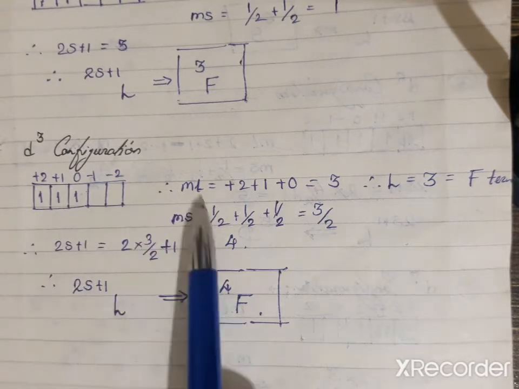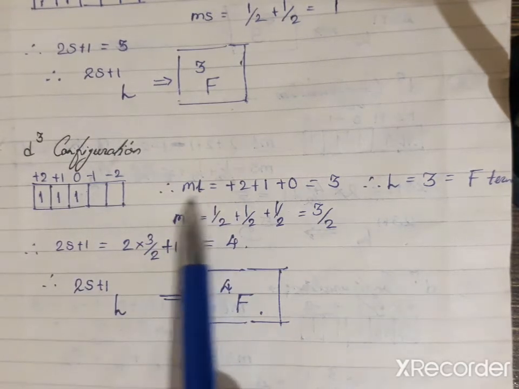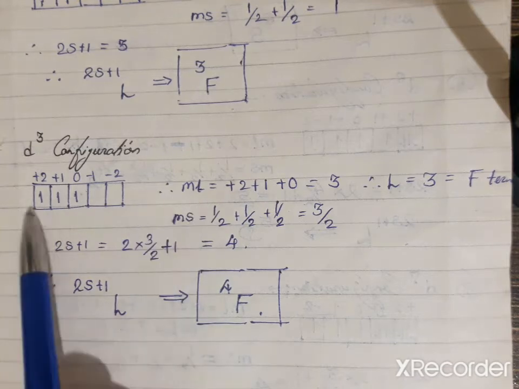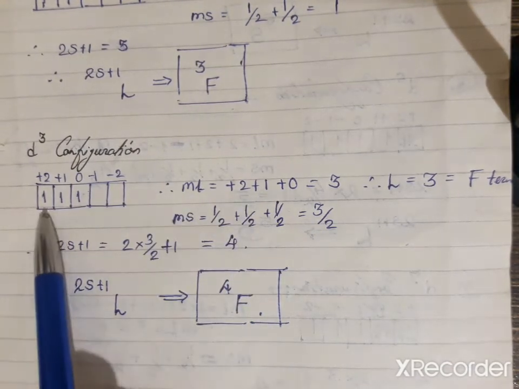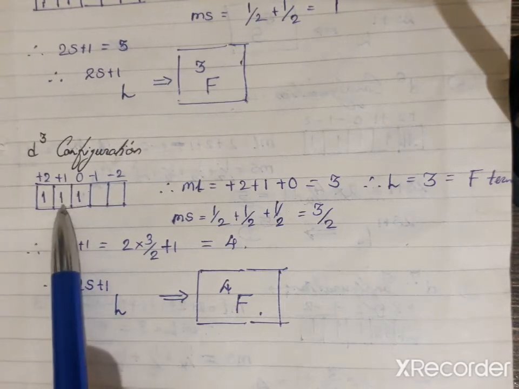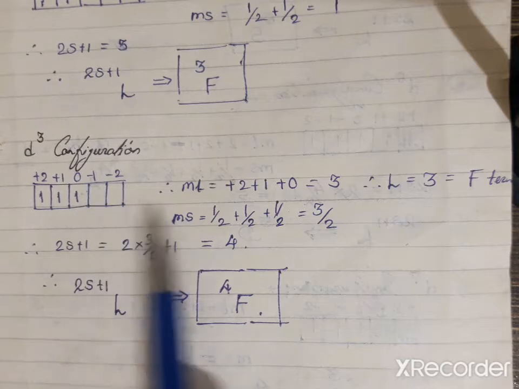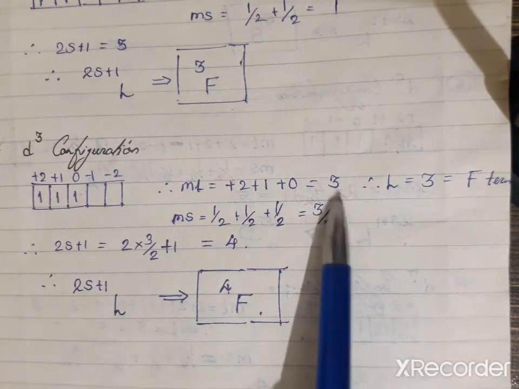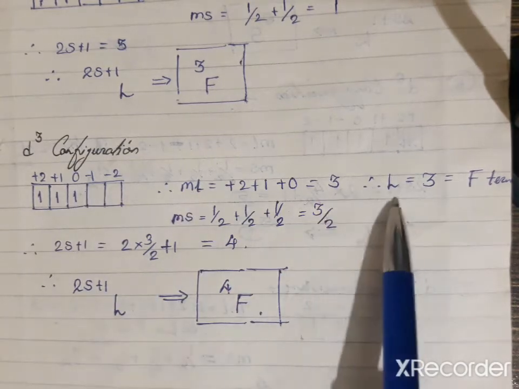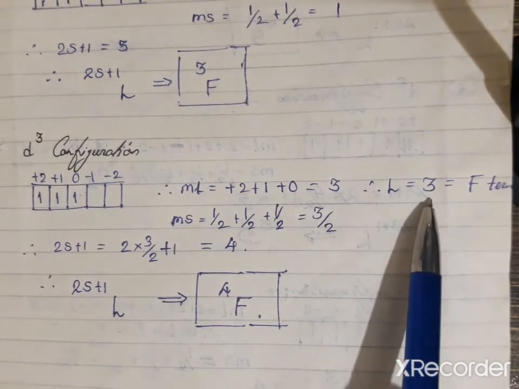Now ml is the orbital number, so plus 2, plus 1 and 0. So plus 2 plus 1 and 0 is equal to 3. So ml is equal to 3, and that's why L is equal to 3.